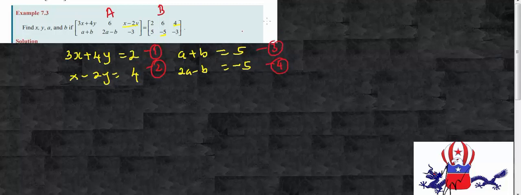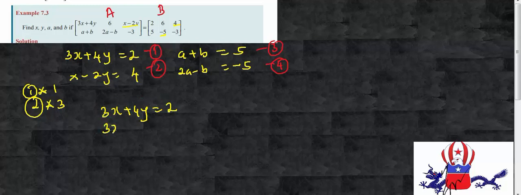Now, foremost, I'm going to solve for x. Equation 4, I would multiply with 3, and equation 1 I will multiply with 1. So that would give me 3x + 4y equal to 2, and 3x - 6y equal to 12.